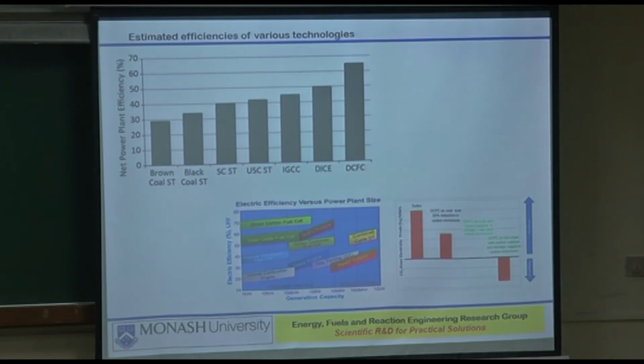So no, they are not different. They are taken from two different sources. That's why the terminologies are different. But it is the overall plant efficiency. So when you say electric efficiency, as far as the bottom one, electric efficiency takes care of everything inside the system. So it is net.